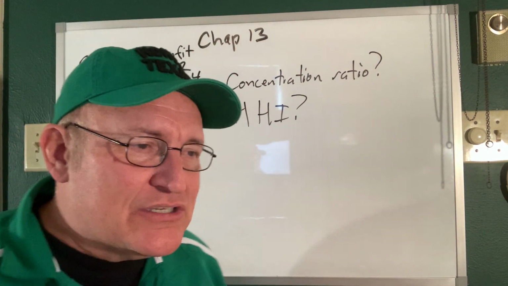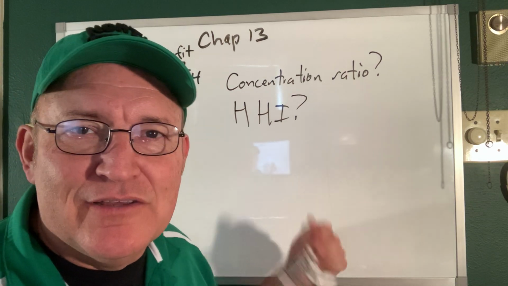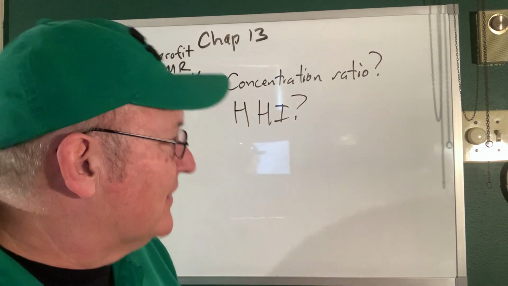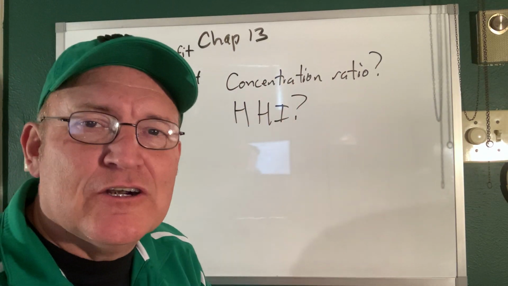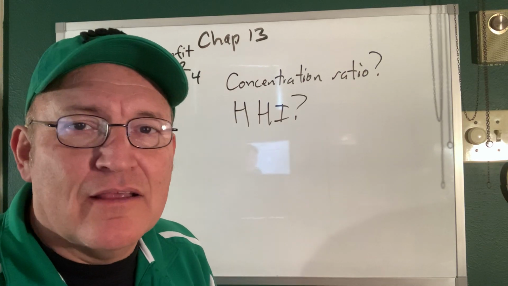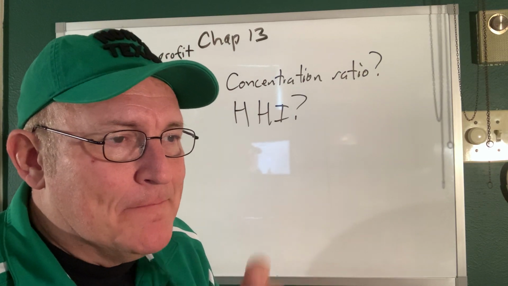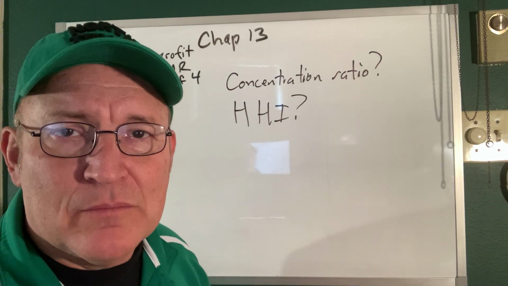A couple of economists. If ever you wanted an economist named Smith and Jones, it would have been easier to call it the Smith and Jones index. But what these two things do is they measure concentration in a market and how consolidated and how much market share is dominated by what number of firms, okay?